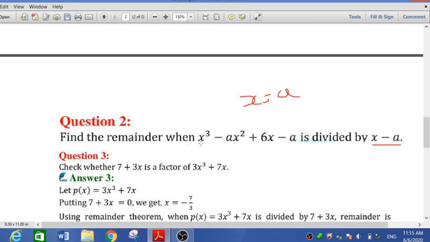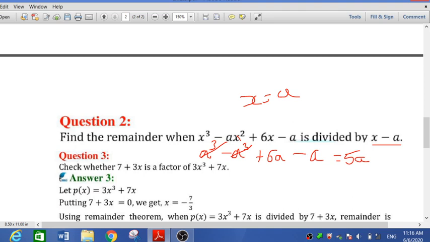So a to the power 3 minus a to the power 2 times a, that is a to the power 3, plus 6a minus a. So this cancels, and 6a minus a is 5a. My answer is 5a.